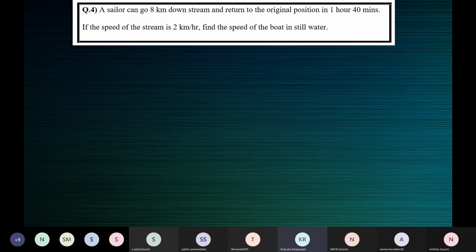A sailor can go 8 kilometers downstream and return to the original position, that means come back upstream, and travel 8 kilometers upstream in 1 hour 40 minutes. If the speed of the stream is 2 kilometers per hour, find the speed of the boat in still water.